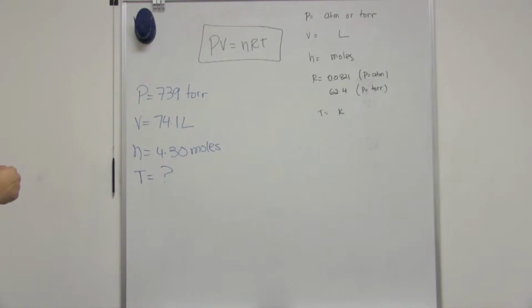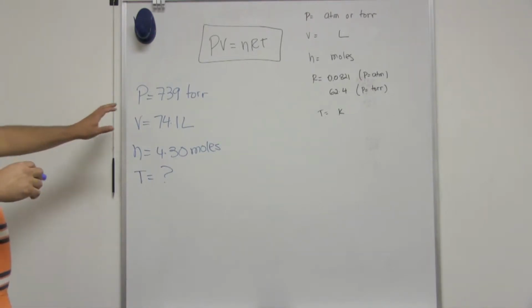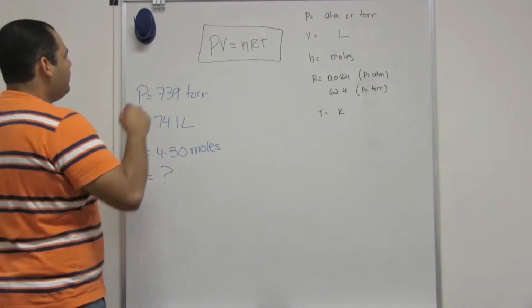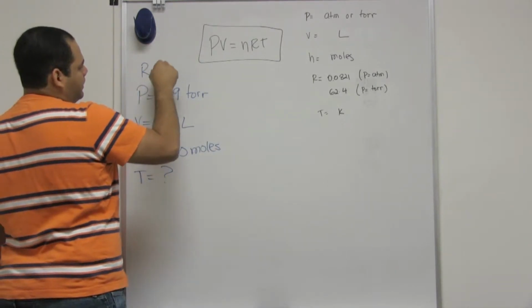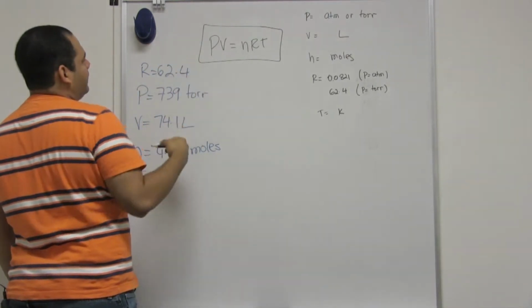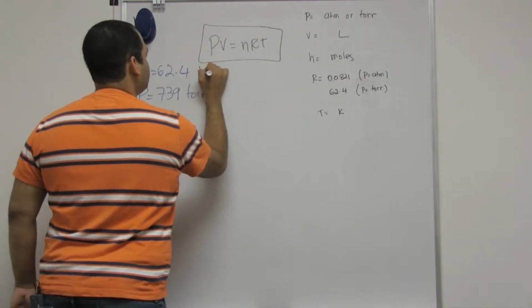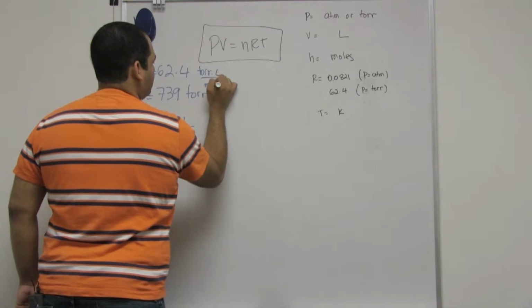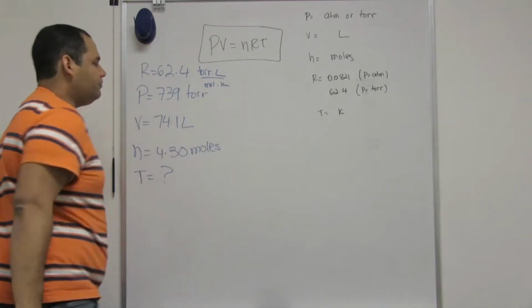So, because my pressure here is in torr, I know that my R is equal to 62.4 torr liter over mole Kelvin.